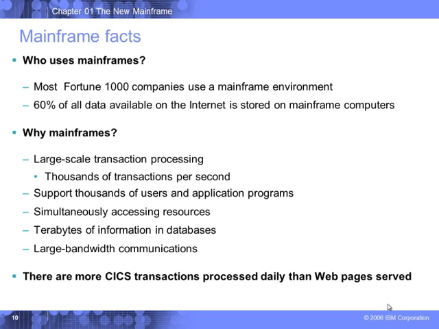You can support thousands of users, tens of thousands of users actually. They can be on the system simultaneously. Terabytes, now petabytes of information in databases, and large bandwidth communications. This is still true. There are more CICS transactions, again, CICS is a transaction processing system, than web pages served, and that is still true today.